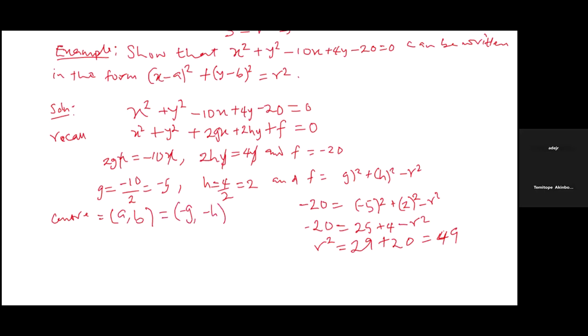So I will substitute g that I've obtained, which is minus 5. So that will be minus into minus 5, comma, h, which is 2, that's minus 2. So that will give me 5, comma minus 2. So a comma b is 5, comma minus 2, meaning that a is 5 and b is minus 2. Understood? Yes, sir.